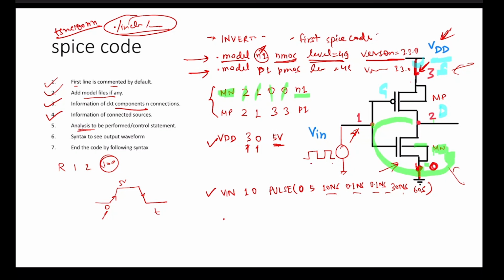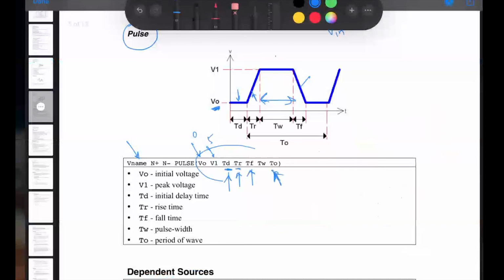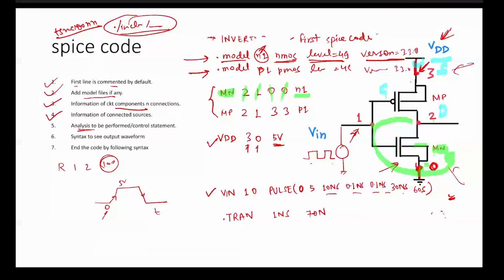Okay, so the syntax for that is .tran. After that, the start and stop time. So dot tran, then start and stop time. I'm giving the start time as 1 nanosecond, and the stop time as say 70 nanosecond, more than the pulse.